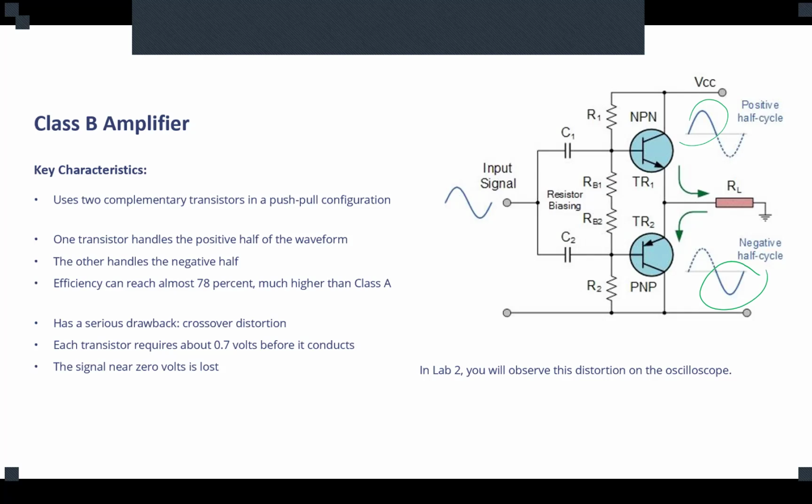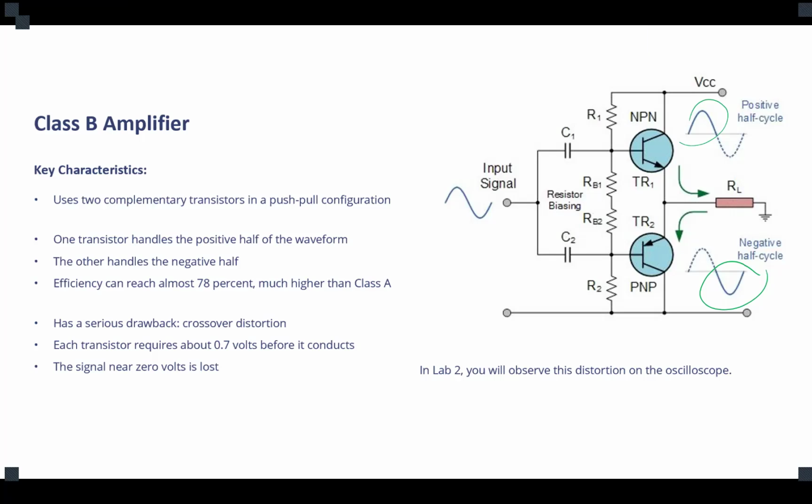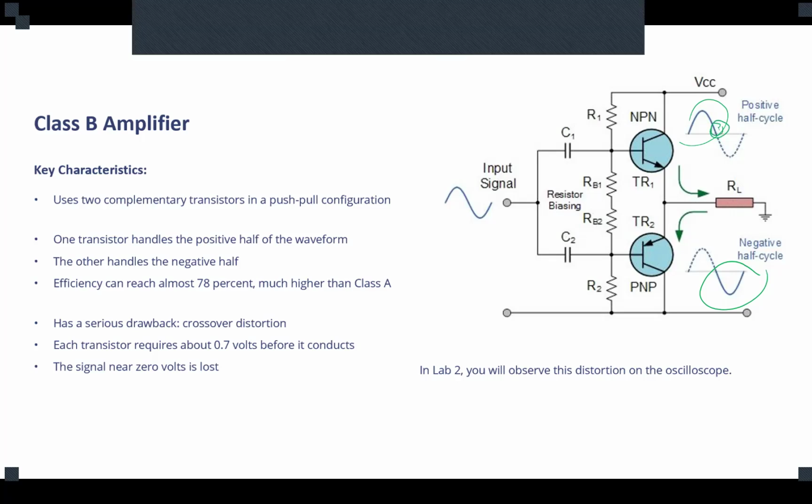This would have a higher efficiency, but the problem is that when you want to change between the NMOS and PMOS, because it cannot instantly cut the current, you are going to have an overlap between the turn off of the top one and the turn on of the bottom one, and vice versa. You are going to have overlap, which creates a distortion in the zero crossing part of your signal.